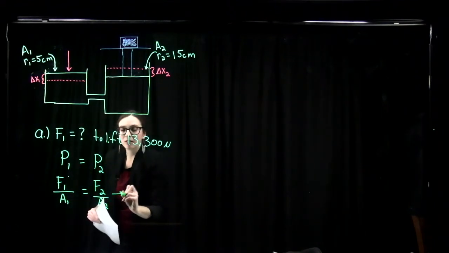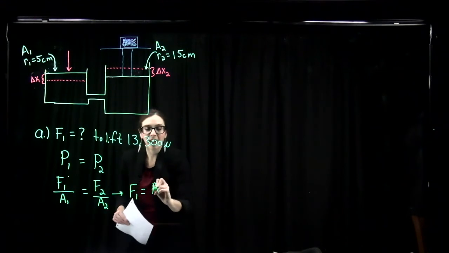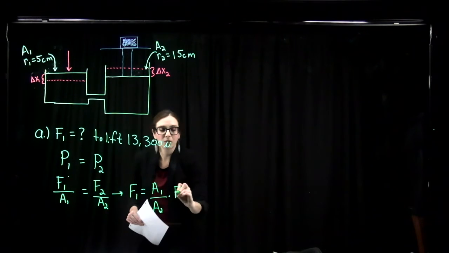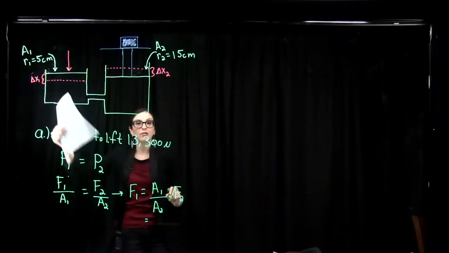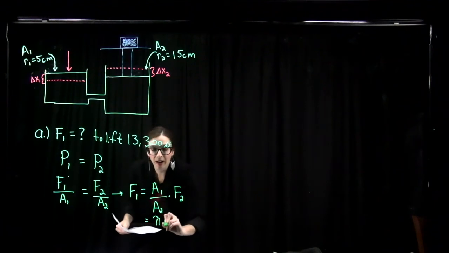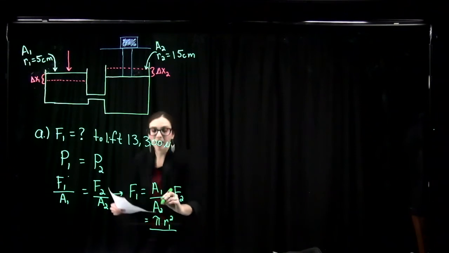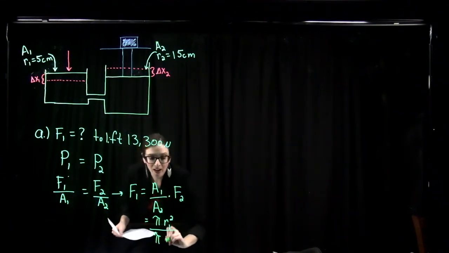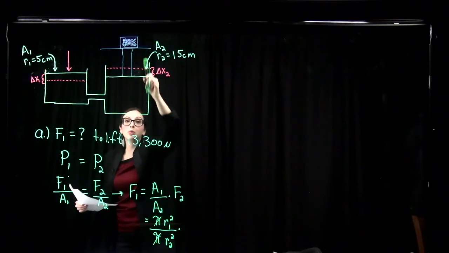If we solve this equation for F1, F1 is equal to A1 over A2 times F2. In this case, the cross-sectional area of our first piston is pi times its radius squared, r1 squared, divided by the area of our second piston, pi r2 squared. See, the pi's cancel. This is times the force that we have to move on this piston.